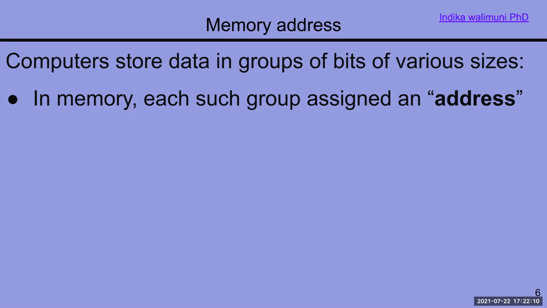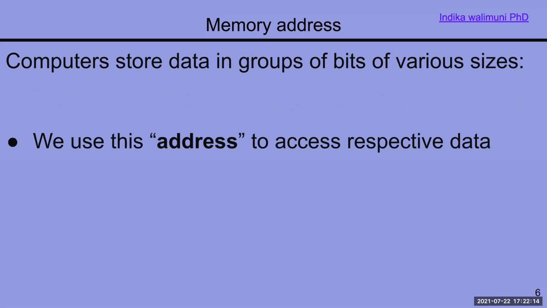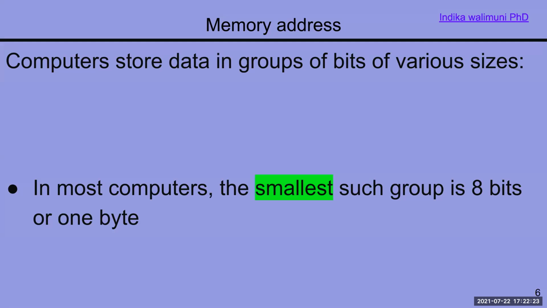Then we use this address to access the respective data. In most computers, the smallest such group size is 8 bits, or 1 byte.